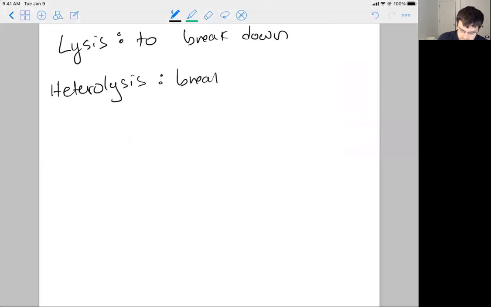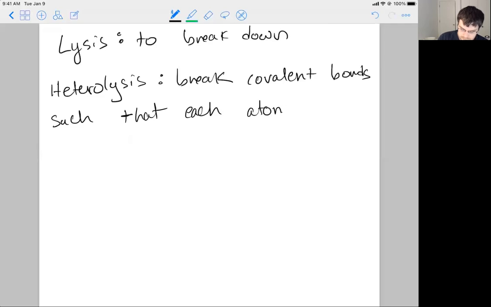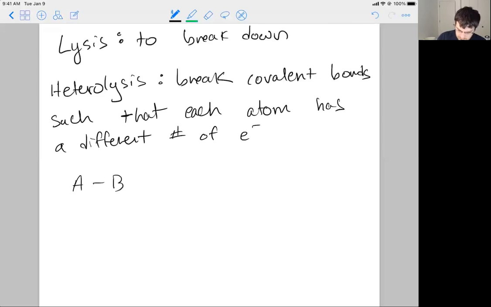we break covalent bonds such that each atom has a different number of electrons. And so in A and B, each element shares 2 electrons.